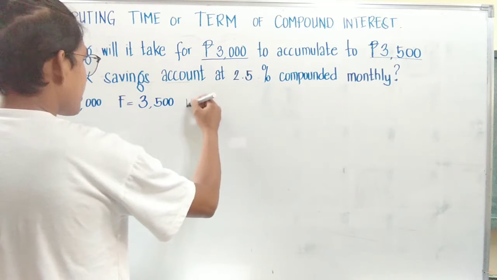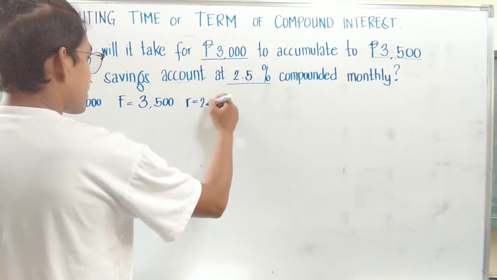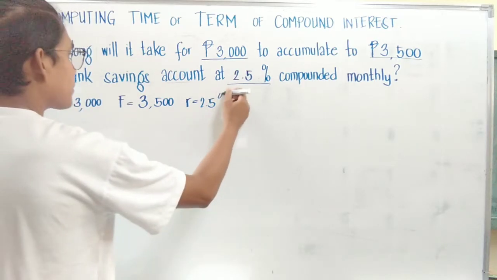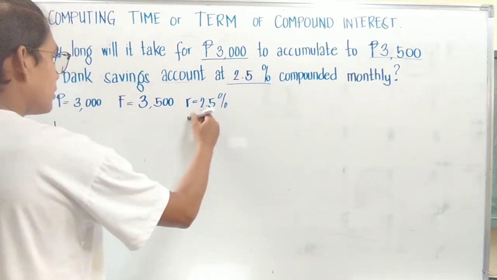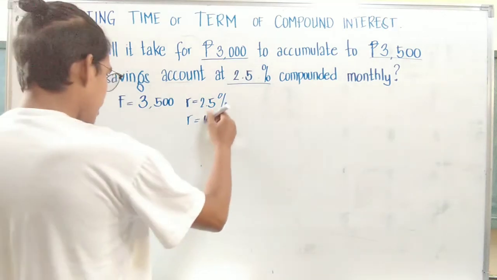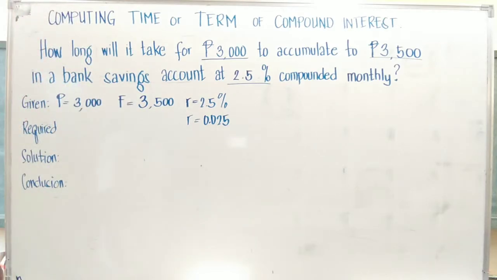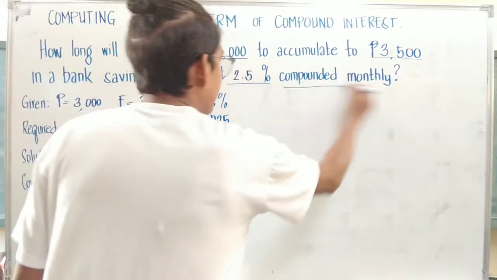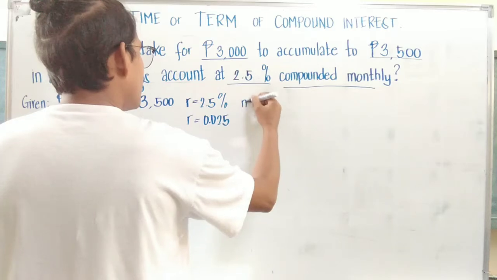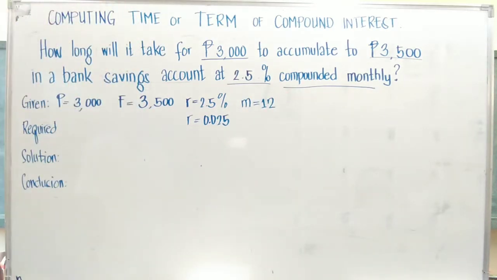Then the rate is, of course, given in percentage form. So we have 2.5%. Converting, we divide it by 100, and we have 0.025. Then, compounded monthly, so M is equal to 12.